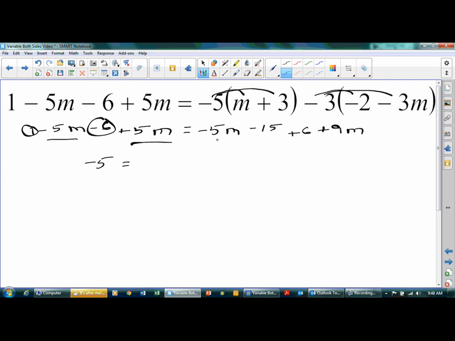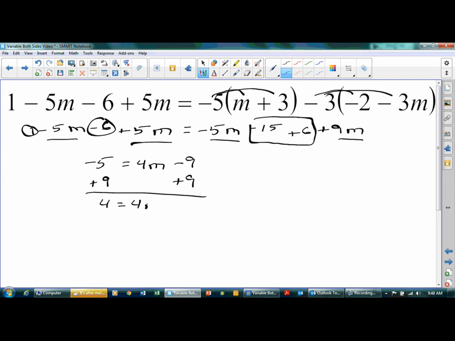Over here, when we combine like terms, negative 5m's plus 9m's is 4m's. Negative 15 plus 6 is negative 9. So we add 9 to both sides. That gives us 4 is 4m, so we divide by 4, and m is 1.